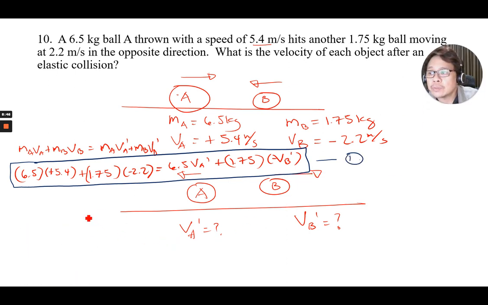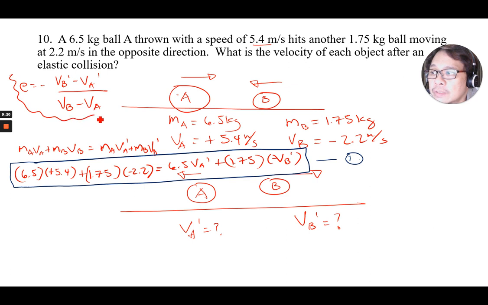The coefficient of restitution is a relationship between the final set of speeds and the initial set of speeds, and it is given by this equation. e is equal to negative VB prime minus VA prime all over VB minus VA, and there's a negative value. So we have this.